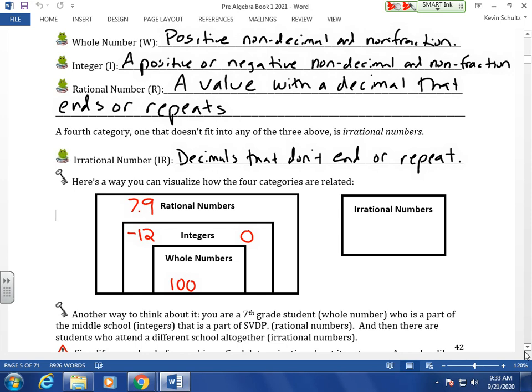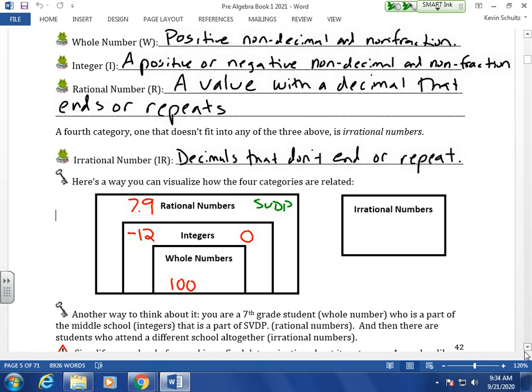You can think about it kind of like, you are a 7th grade student who is a part of the middle school that is a part of St. Vincent de Paul. Is every student at St. Vincent de Paul a 7th grader? No. So that would kind of be the rational numbers here, right? Is every student in the middle school a 7th grader?